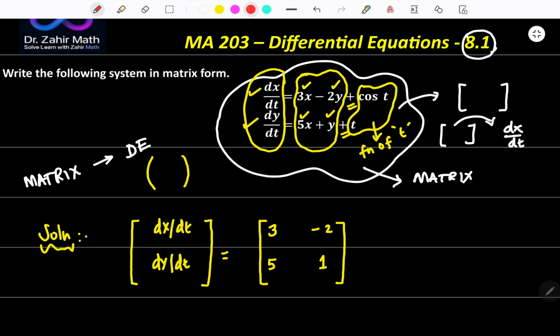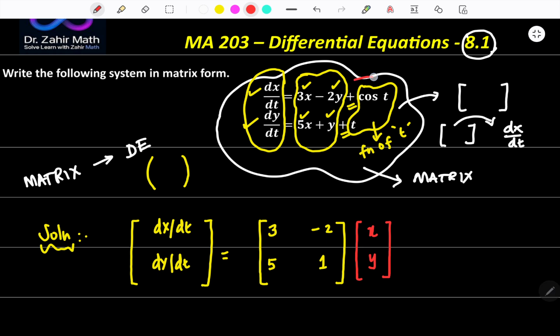Then after that, open a column matrix and write x and y. In general, you write small x and small y because we are going to call something capital X and capital Y later. So this is the way every time you write a differential equation in matrix model.